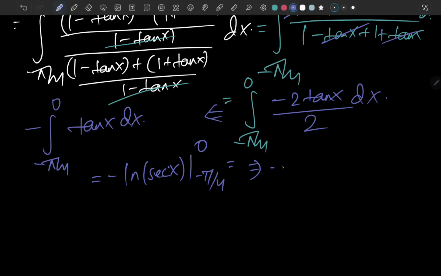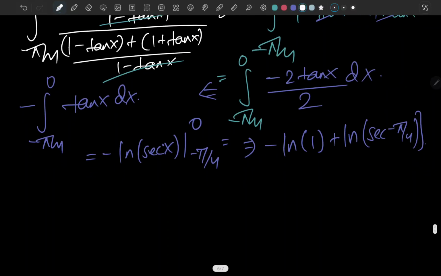So this becomes minus ln of secant 0, which is ln 1, and plus ln of secant minus pi over 4. So this becomes 0 obviously, and ln of secant minus pi over 4 is the same as ln of secant of pi over 4, because there is no meaning of negative or positive signs inside cosine or secant functions.